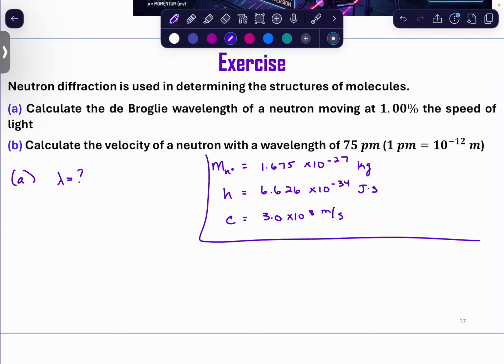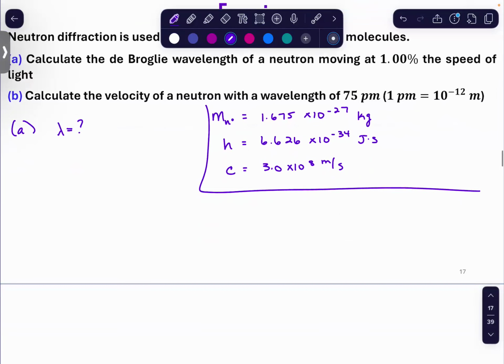All right, so we'll start with the de Broglie wavelength, h over mass times velocity. And we know that our velocity is 1% the speed of light.